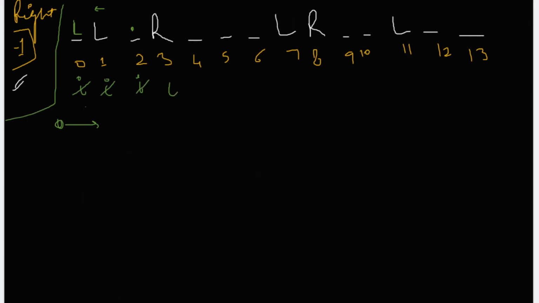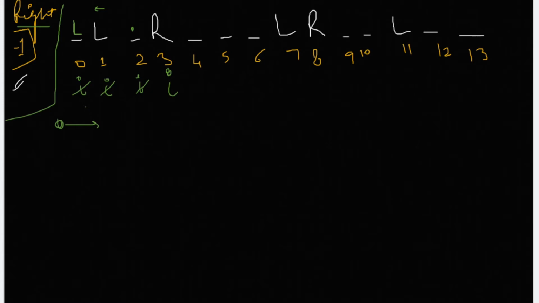Now I'll come across a position which holds R. So now I'll see what my right variable has to say. Is it still saying -1, or does it have any index value? I'll see that it still says -1. That means there is no R domino behind this very R domino.